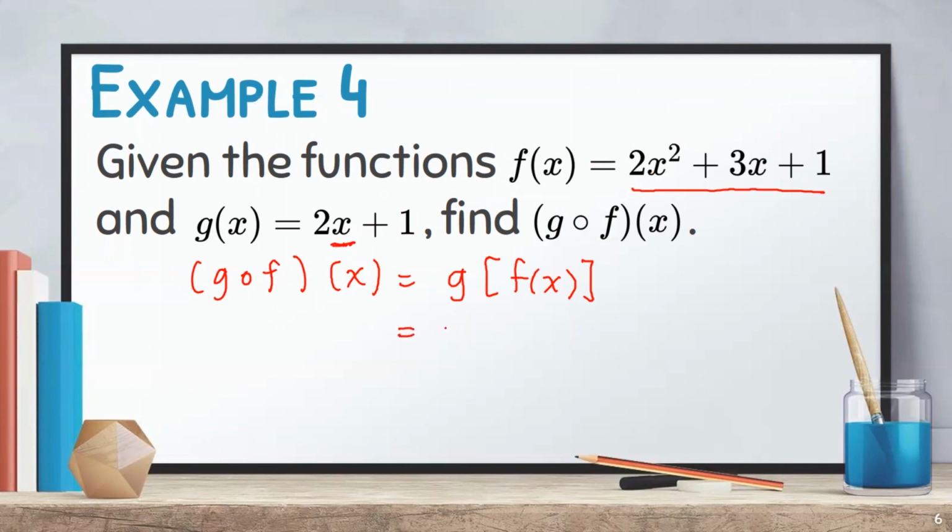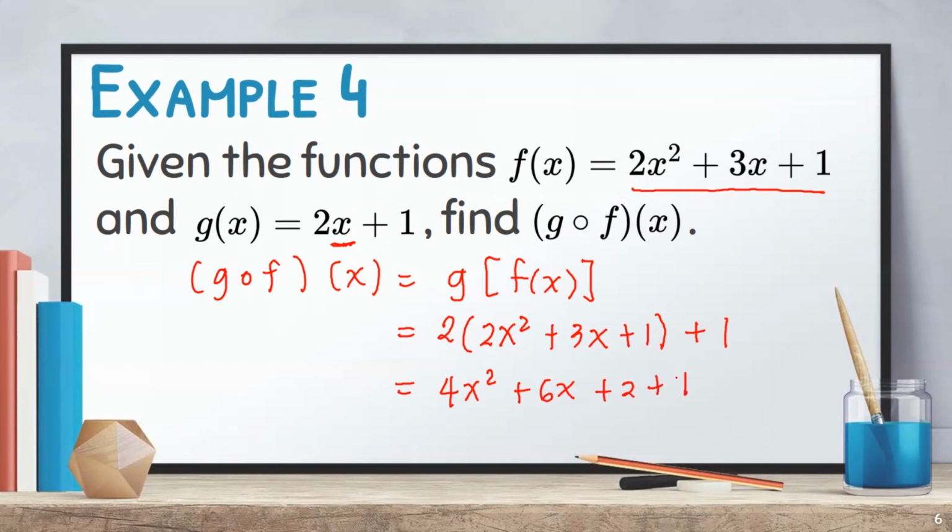So we will have 2 quantity or 2 times 2x squared plus 3x plus 1 and then copy plus 1 there. Okay. So distribute 2 to the trinomial inside, then you will have 4x squared plus 6x plus 2 and then plus 1.